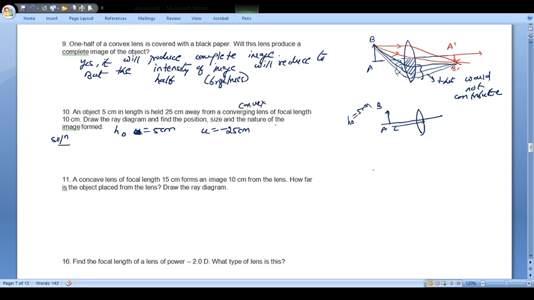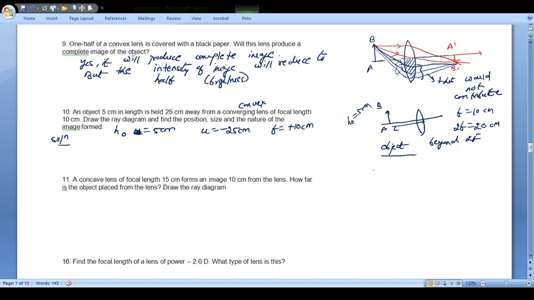So convex का focal length is always plus. So plus 10. Draw ray diagram. Now see, an object at 25. So see 2f क्या है, what is the value of 2f? 2f is going to be 20. f कितना है 10. So where is your object kept? Beyond 2f. Object beyond 2f.